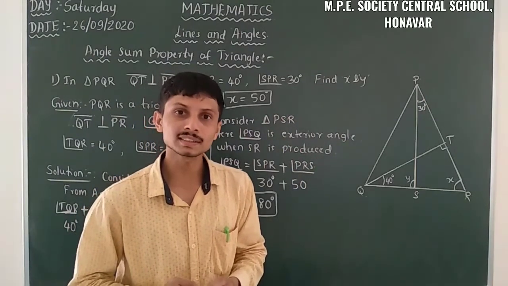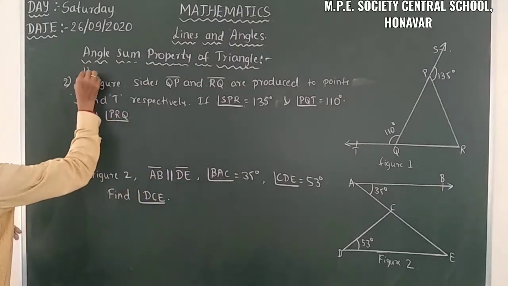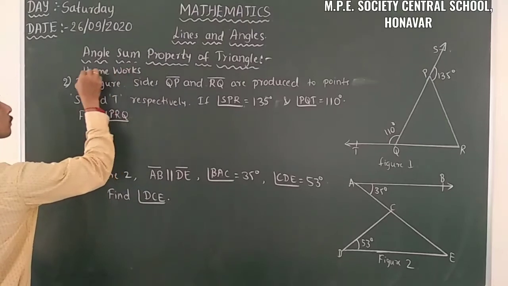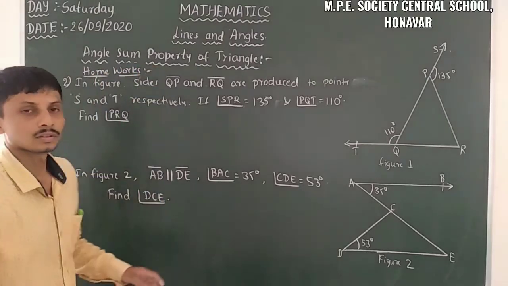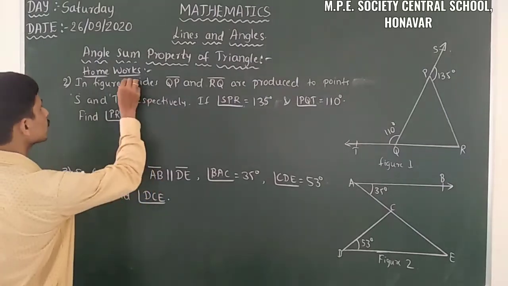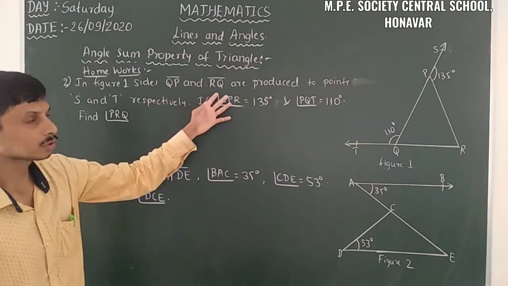So let us take some homework, two homework problems. Briefly I will explain. In figure 1, sides QP and RQ are produced.